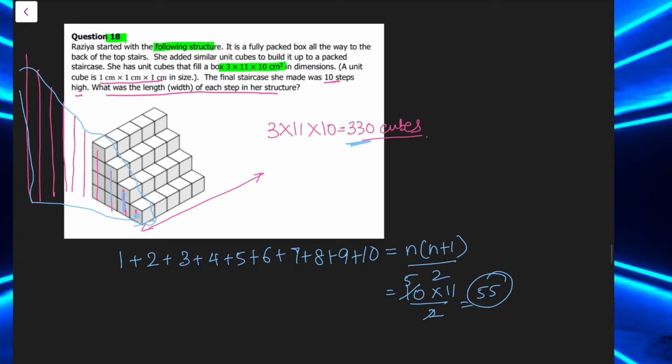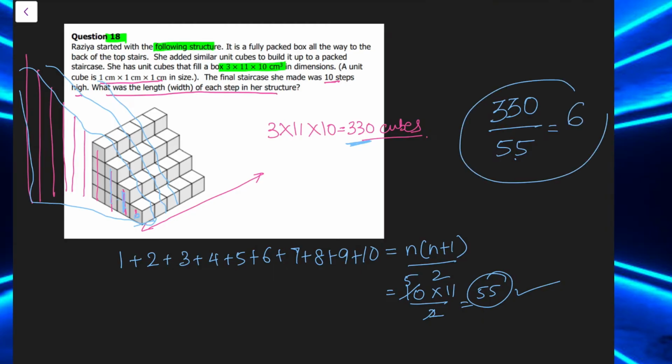Now we do have 330 cubes at our disposal. So how many layers of such cubes can be done? Now remember, each level requires 55 cubes and we have 330 cubes. So we can do 330 divided by 55, and that actually, 55 times 6 is 330.